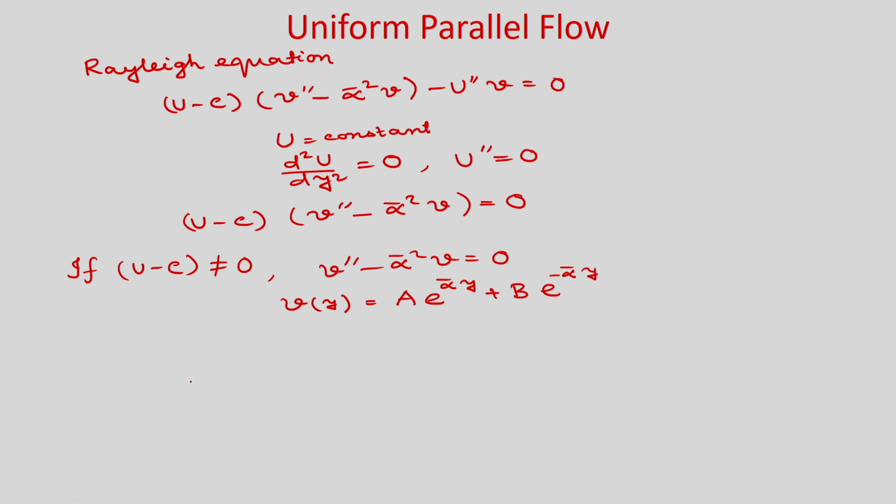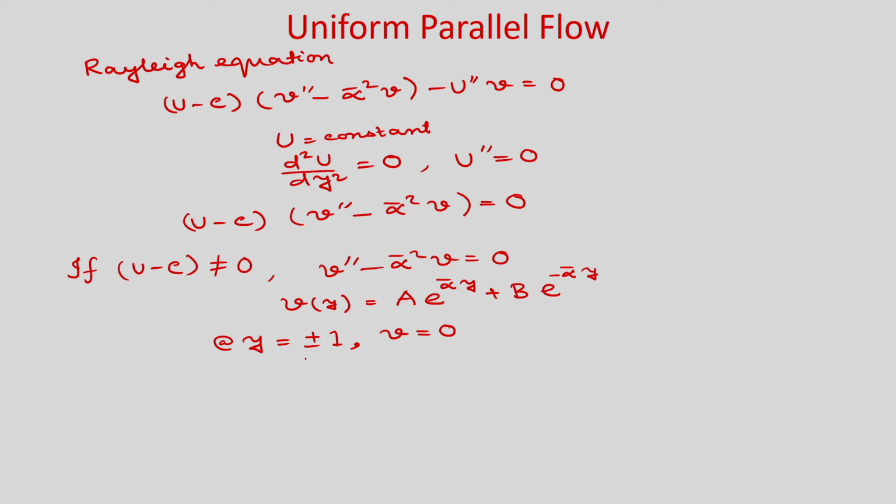Now if you consider parallel flow, we have the boundary conditions at y is equal to plus minus 1, as we are considering non-dimensional flow. Obviously the disturbances will be 0 at y is equal to plus minus 1, these being non-dimensional quantities. So if you apply this, you will have only the trivial solution.